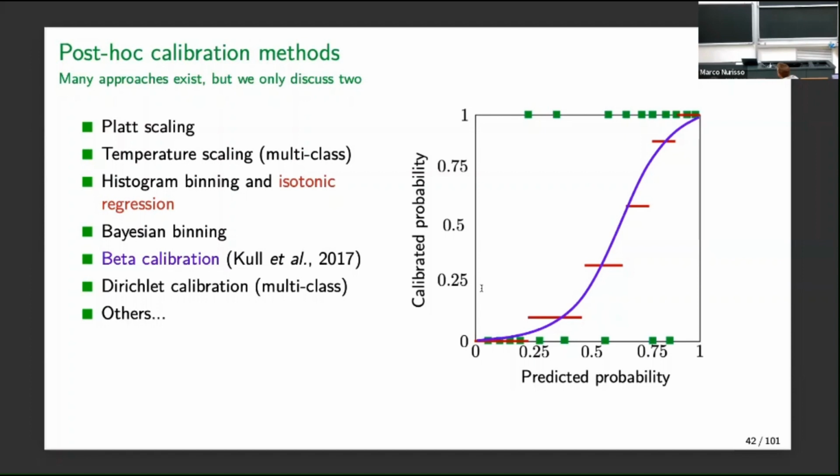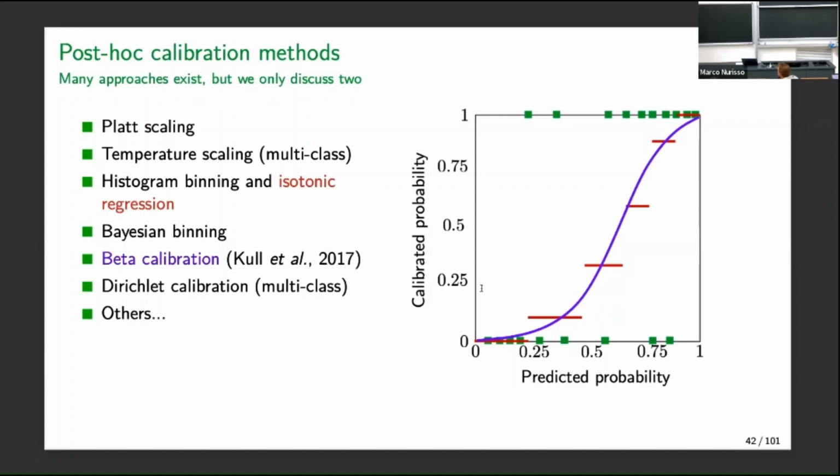So basically a function that takes the predicted probabilities as input and gives new probabilities. Here in this example, for binary classification, I've visualized two different models, isotonic regression and beta calibration. Those methods differ in the type of functions they consider to remap your probabilities.